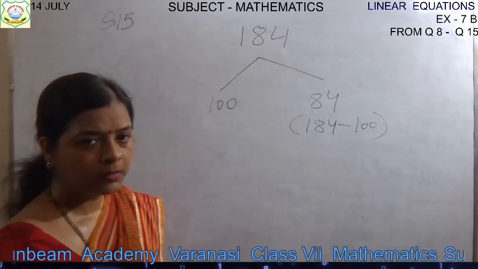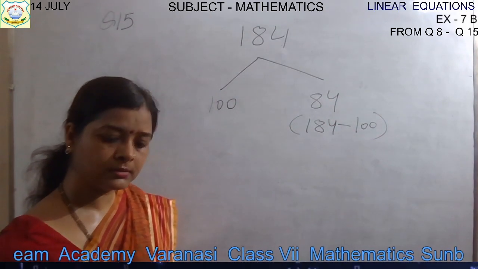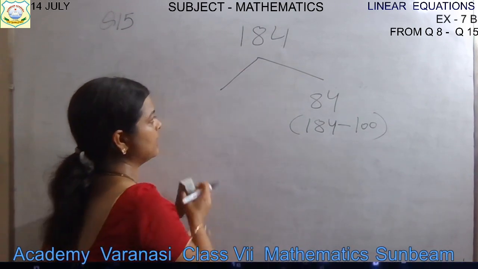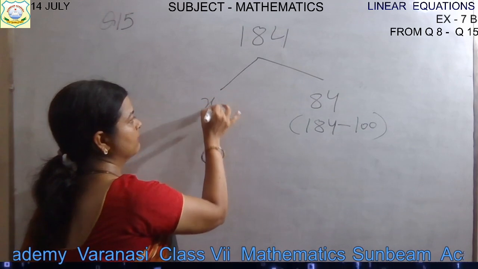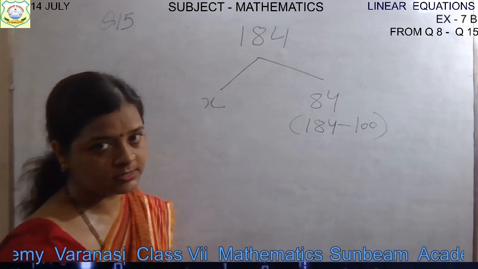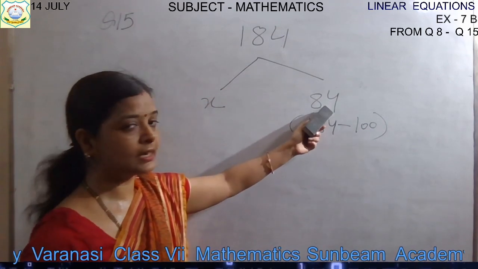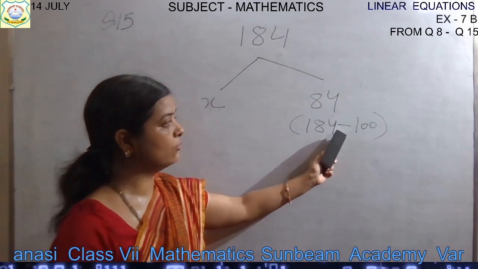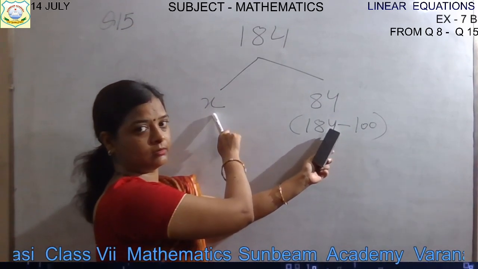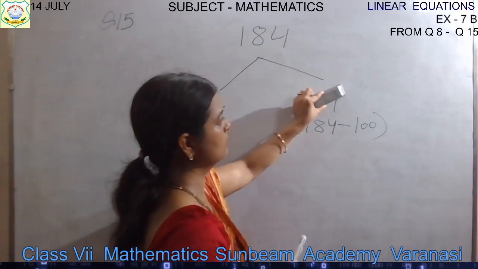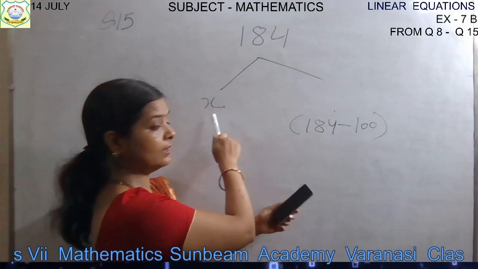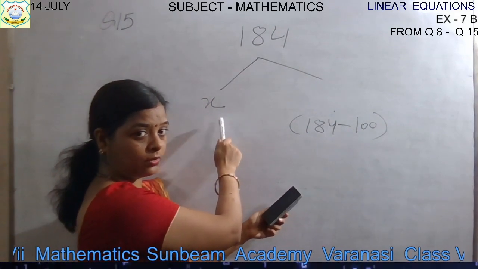But children, we don't know these two numbers. So let the first divided number be x. Then what will be the second number? It will be 84? No. It will be 184 minus the first number. 184 minus 100 means 100 we have taken here, but right now it is x.